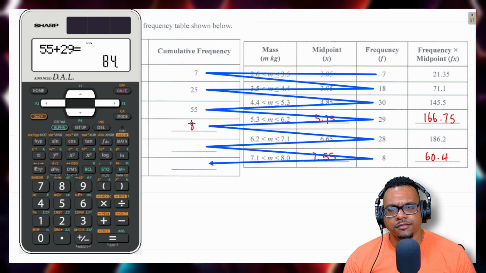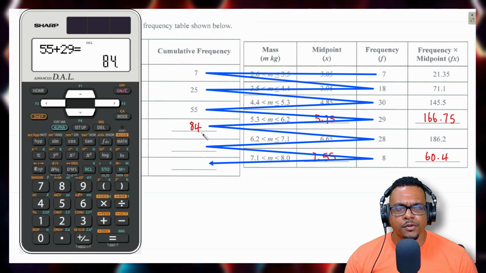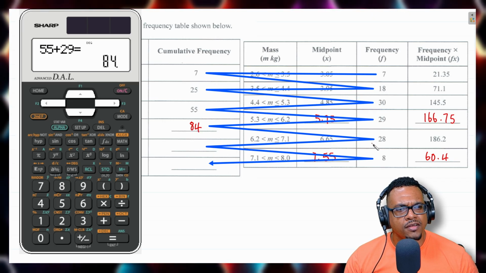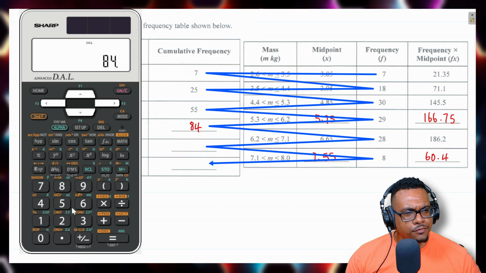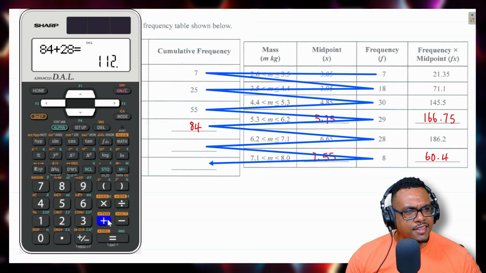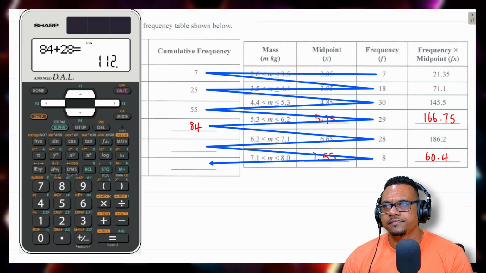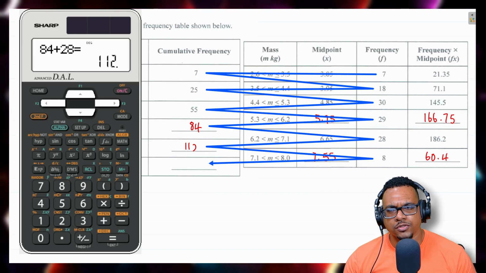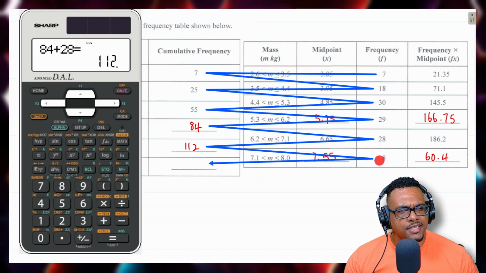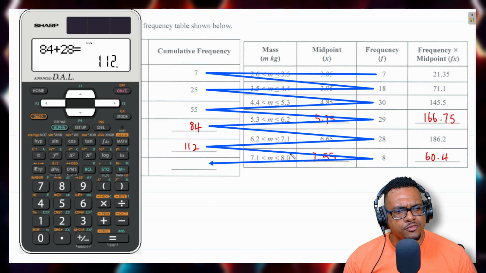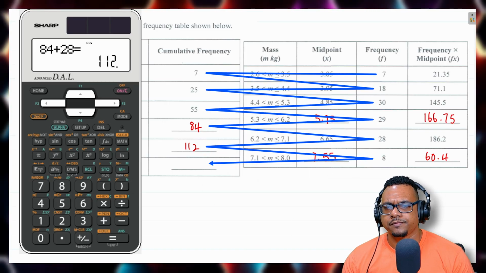So I'm going to write 84 here. Then I'm going to have 84 plus 28, and that's equal to 112. Then I'm going to have 112 plus 8. And that's obvious, 112 plus 8 is 120.